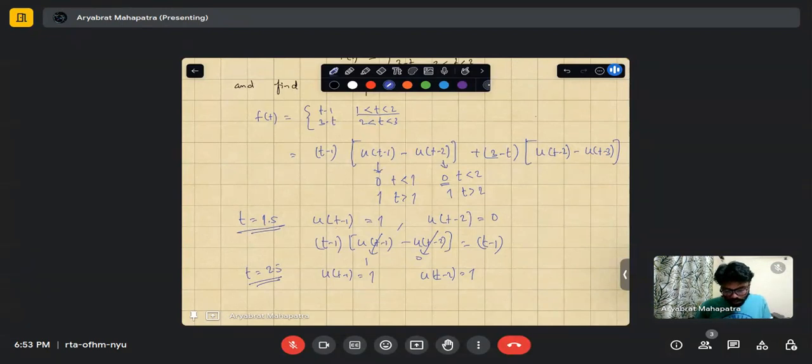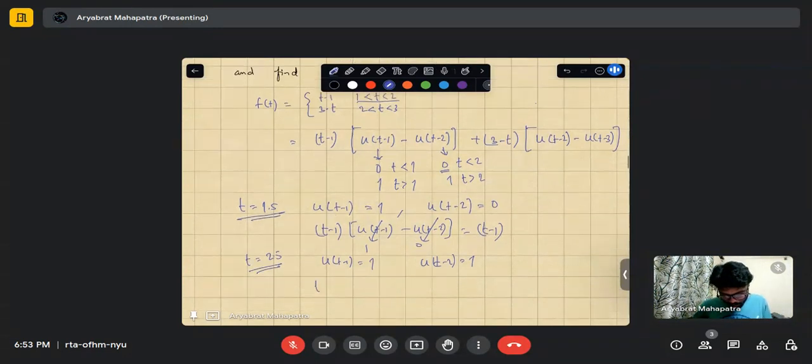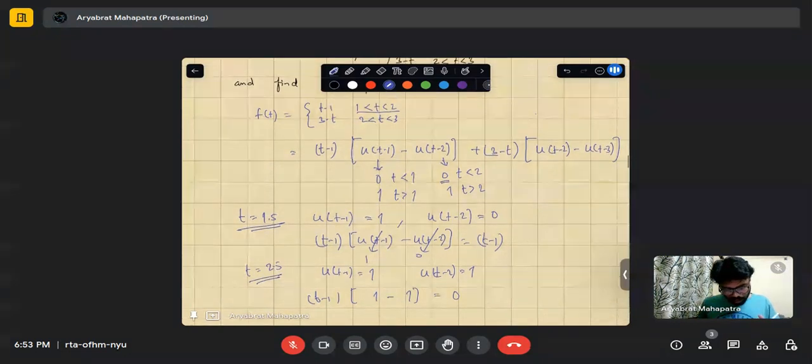And it is also greater than 2, so that's why u of t minus 2 is 1. So that is why 1 minus 1 is 0. So this way you can write this.